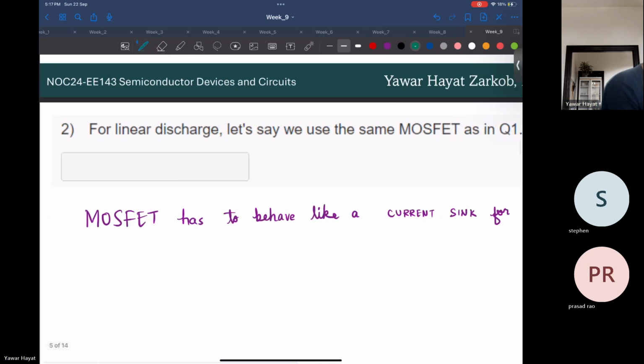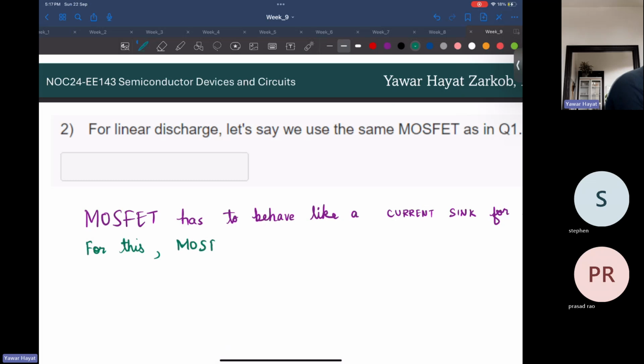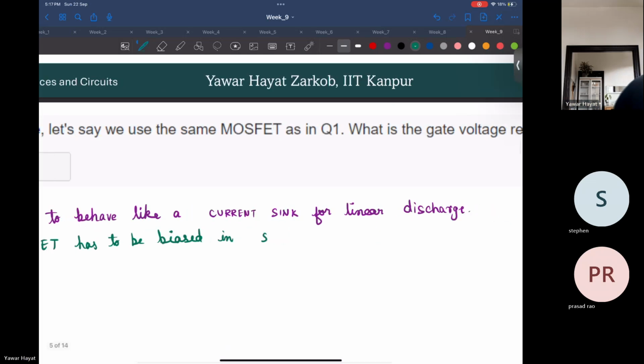And for this, your MOSFET has to be biased in saturation region. Fine.